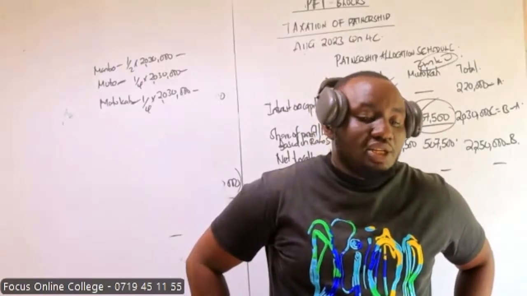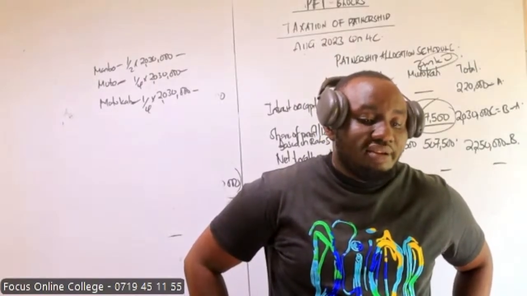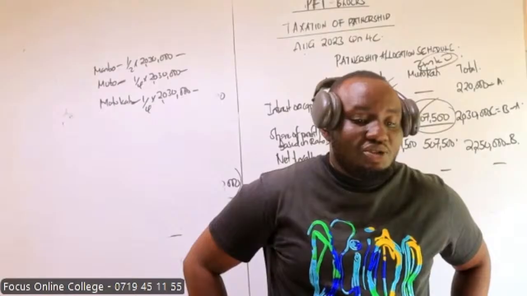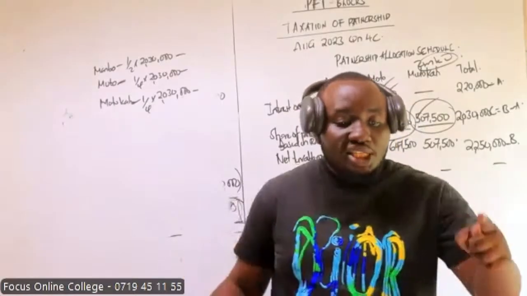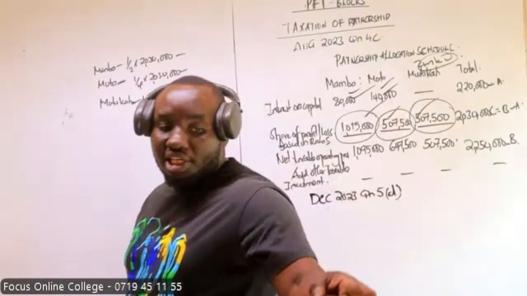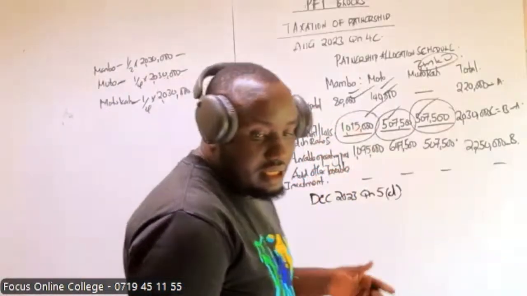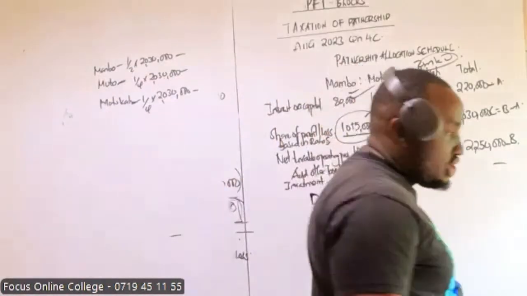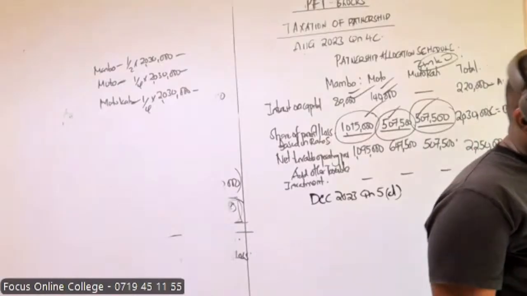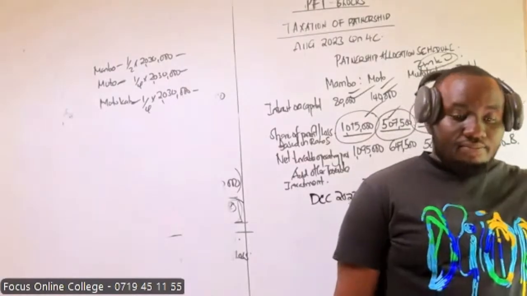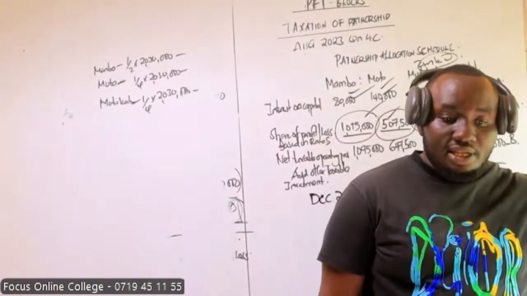If we undervalue an opening stock, what happens to the GP? Jeff, what happens to the GP? Did I teach on that? Somebody just confirm whether I taught on that. Was it taught? Yes.